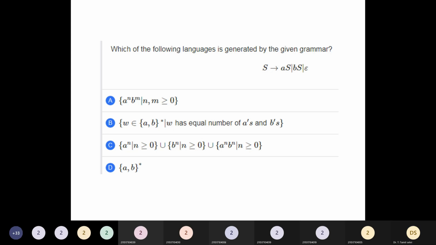After that, instead of S, I can replace it with AS, so I'll be getting A, B, A, etc. Finally I'll be getting any combination of a, b. Any combination of a, b means we have the regular expression (a plus b) whole star. So (a plus b) whole star is equivalent to the regular language {a, b} whole star. Therefore, D is the answer here.